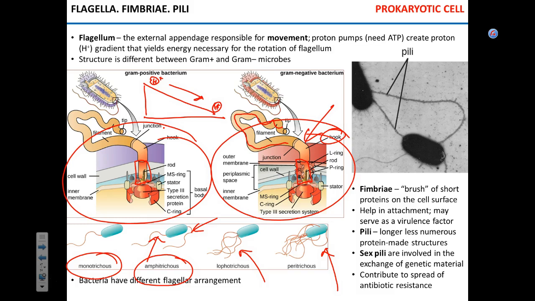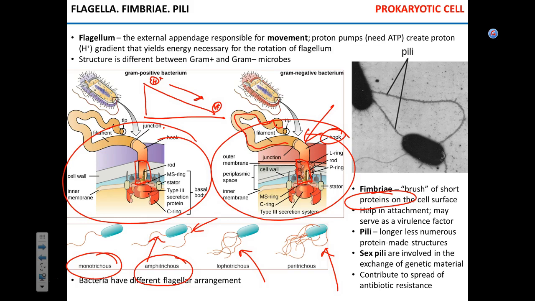Okay, let's move on to the fimbriae. I don't have a picture for it, but it's a very, very short, velvety structure, like a brush of protein projections on the surface of the cell. Does that make sense? Think about it as the Velcro for bacteria. Fimbriae help bacteria to attach to surfaces. You're gonna get tired of that statement.